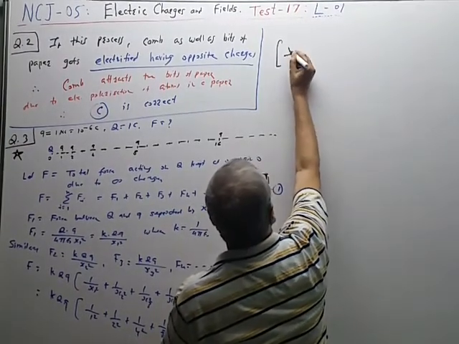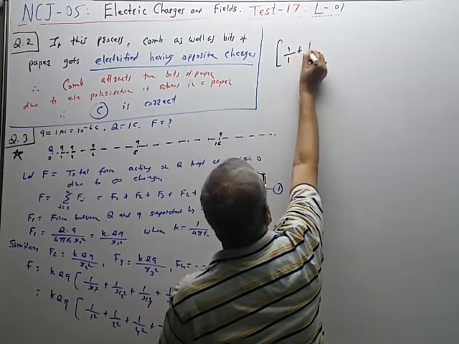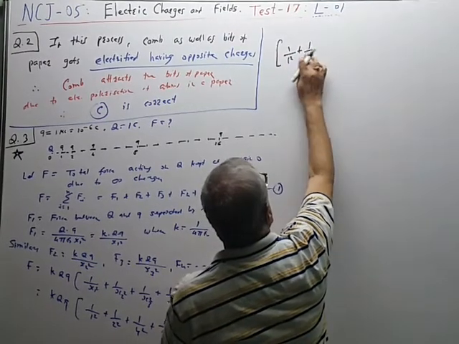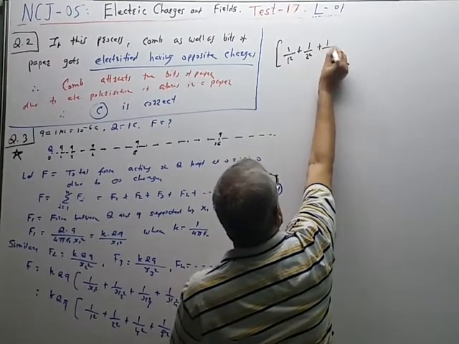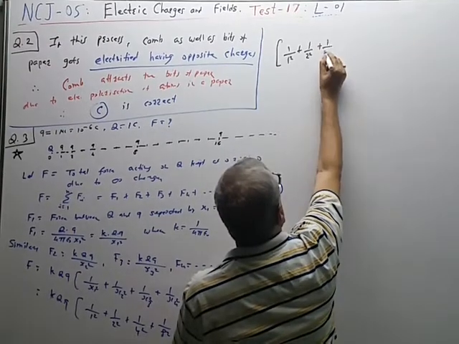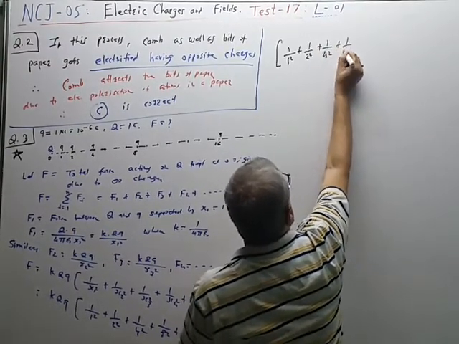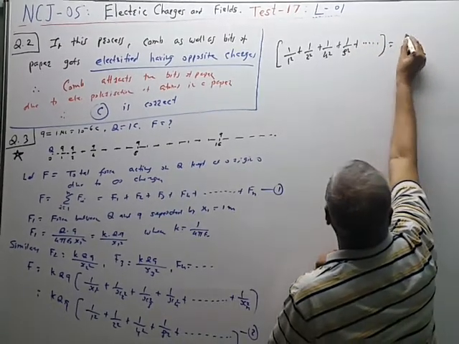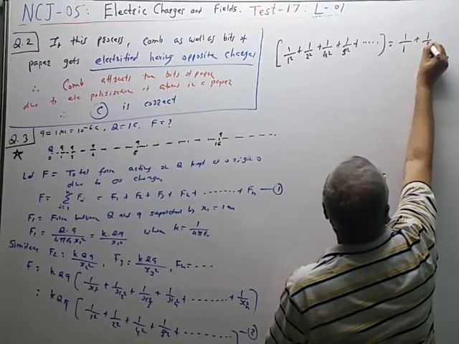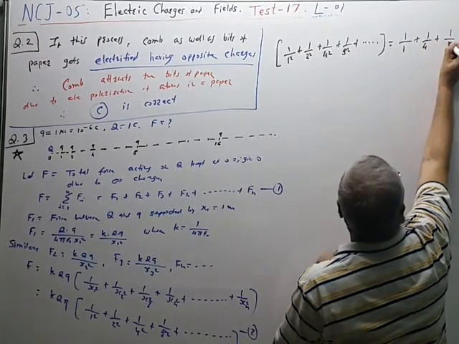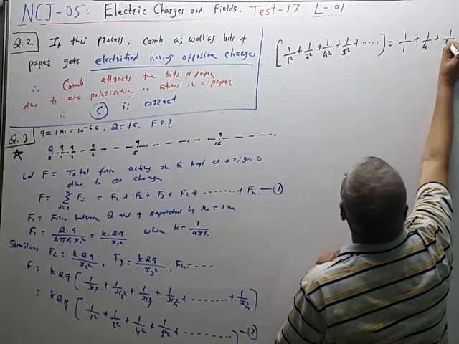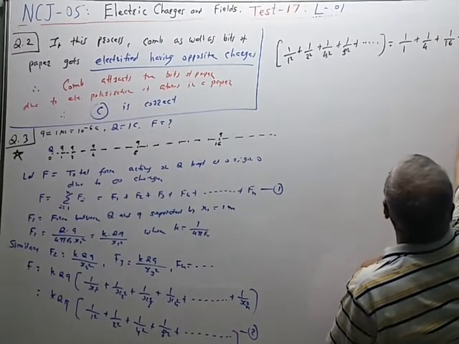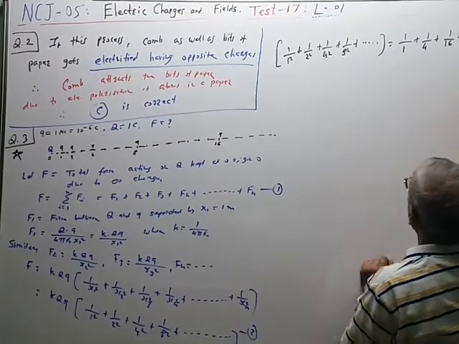One upon one square plus one upon two square plus one upon four square plus one upon eight square, etcetera, is equal to one plus one upon four plus one upon 16 plus 1 upon 64, etcetera.